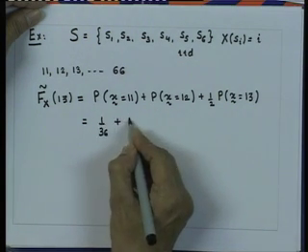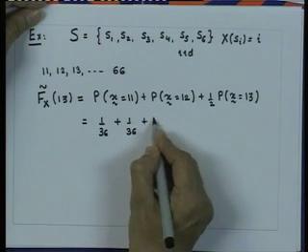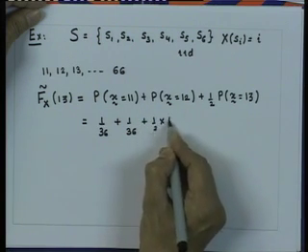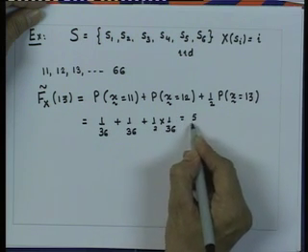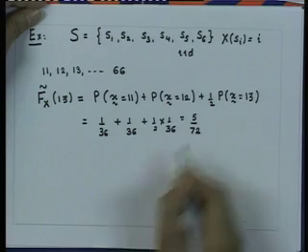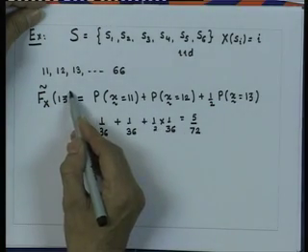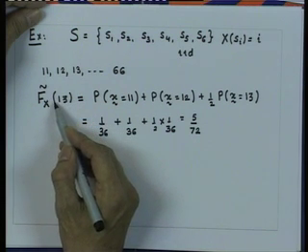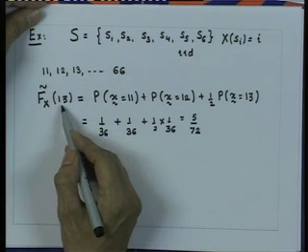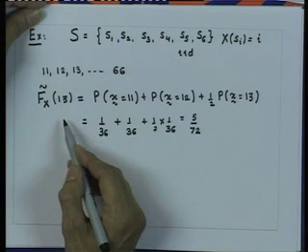Similarly, this is 1 by 36, and this is half multiplied by 1 by 36, and this turns out to be 5 by 72. So, notice that to generate the tag for the sequence 1 3, we did not have to generate a tag for every other possible message.